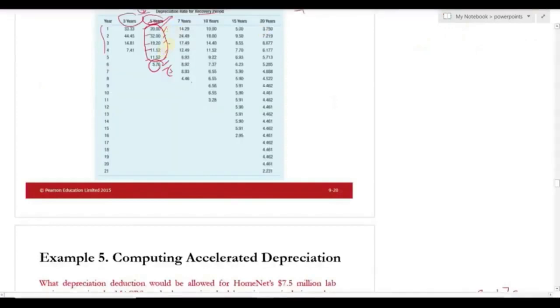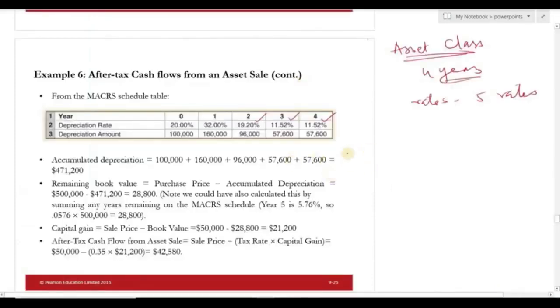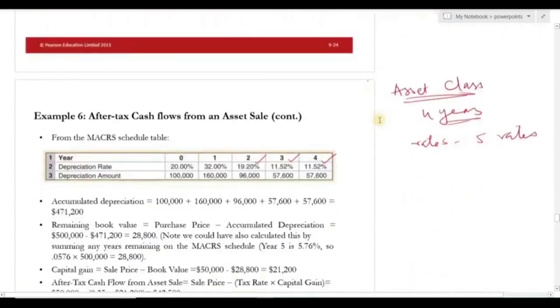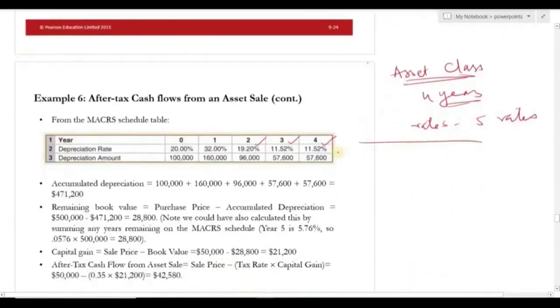Okay, so we are going to use these rates because 4 years were not separately mentioned, but it can be found in the 5 years table, right? So that's why we can do that. The cost of the asset was how much? That was 500,000. Number 1 2 3 4 and 5. So just subtract these rates, right?